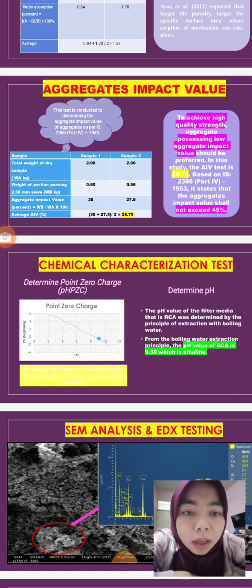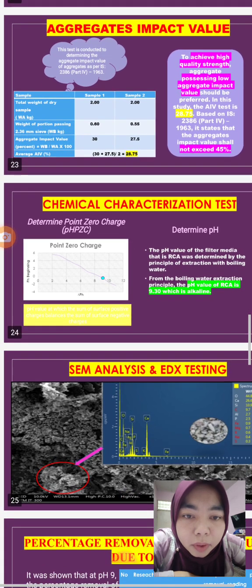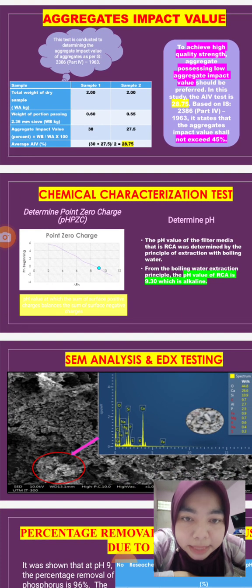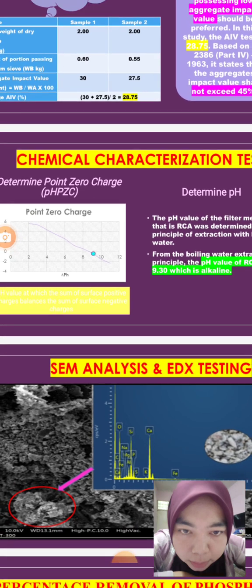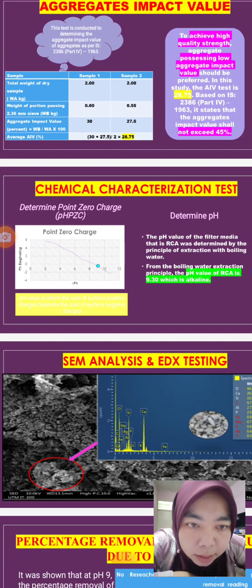For chemical characterization test, the point of zero charge is determined, and the pH value of RCA is 9.3, which is alkaline.